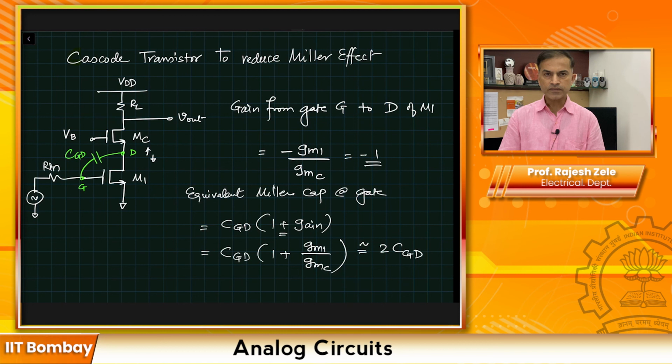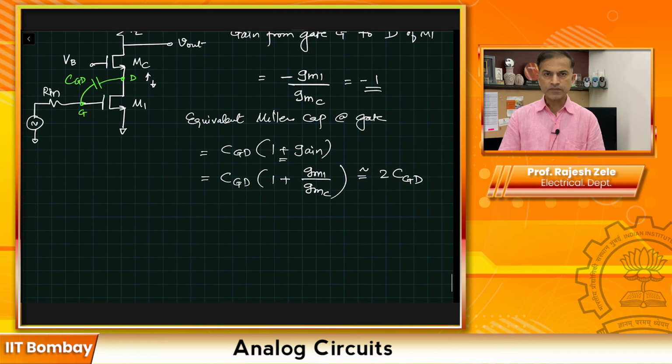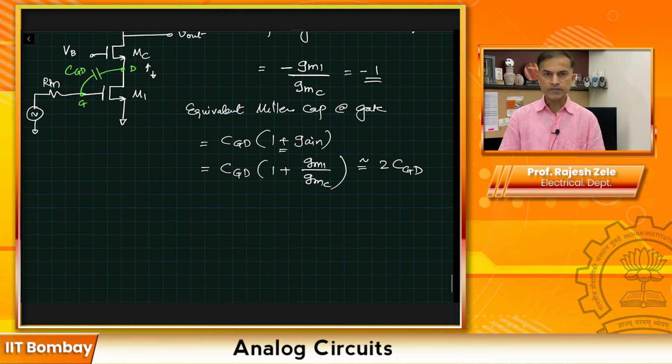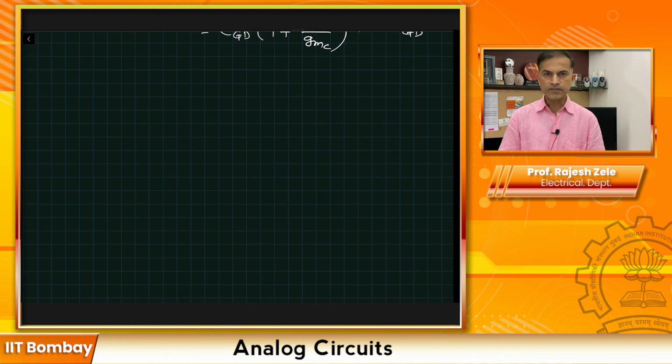Before we stop, I will draw a schematic of a cascoded diff pair so that you can understand how this works.